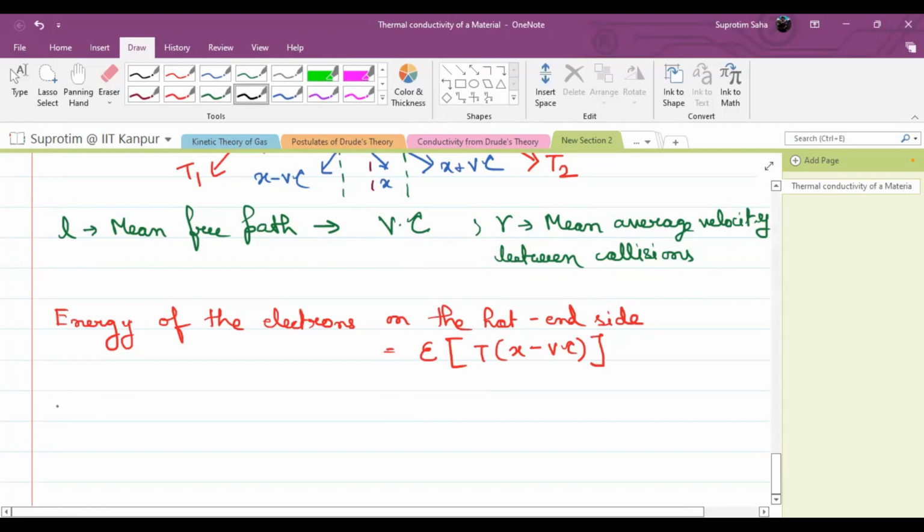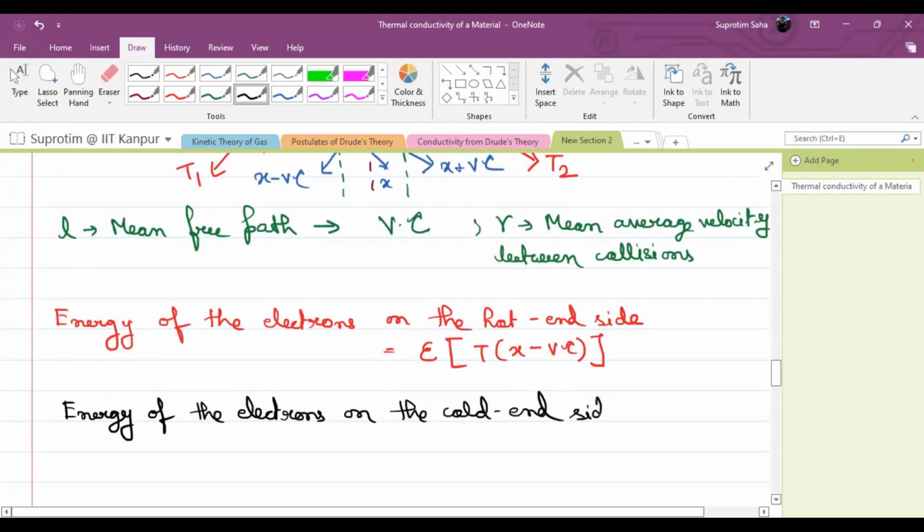Similarly, the energy of the electrons on the cold end side will be given by epsilon of T at x plus v tau.